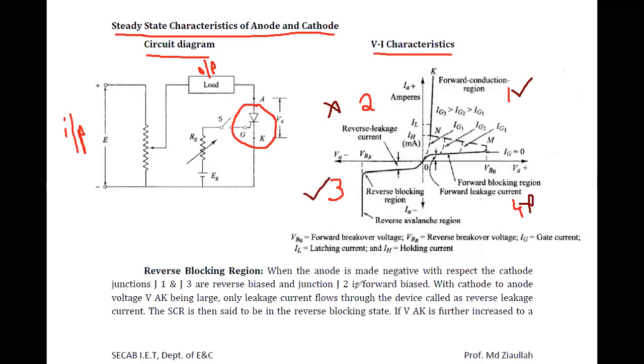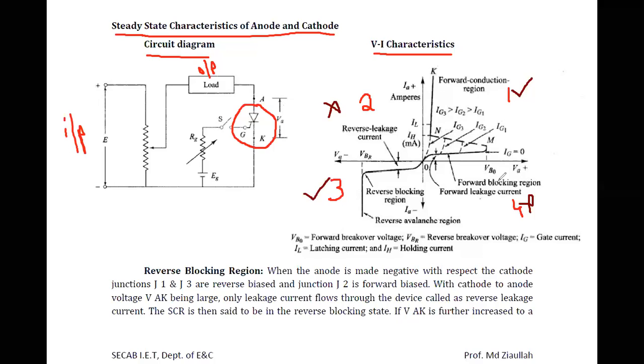In quadrant number 1, the various things we can study here are the forward conduction region. There are various values of the gate current Ig, that is Ig1, Ig2, Ig3, and as the current increases, your graph also increases linearly.